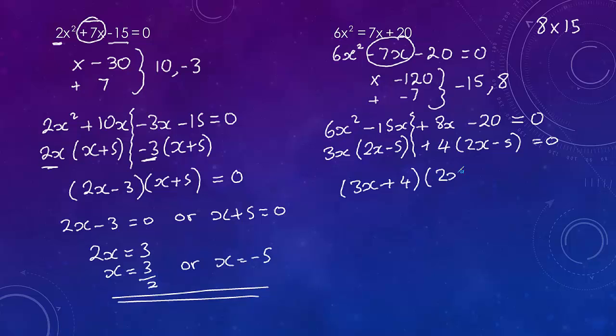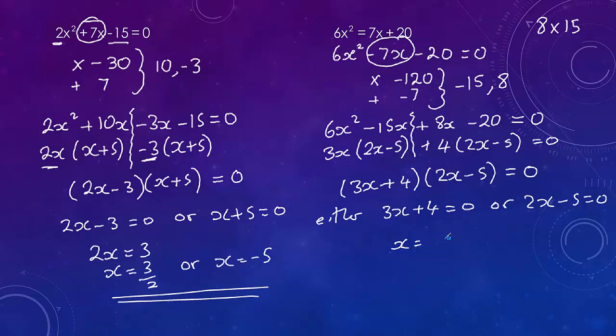And then my second bracket is the 2x minus 5. Put that equal to 0. And so either 3x plus 4 is equal to 0, or 2x minus 5 equals 0. And this first one is going to give me negative 4/3. And the second one is going to give me 5 over 2.